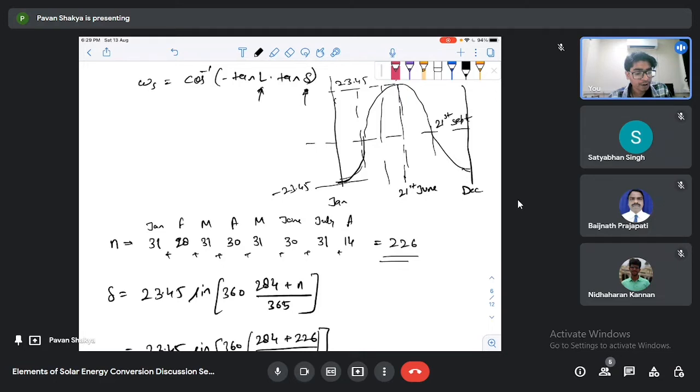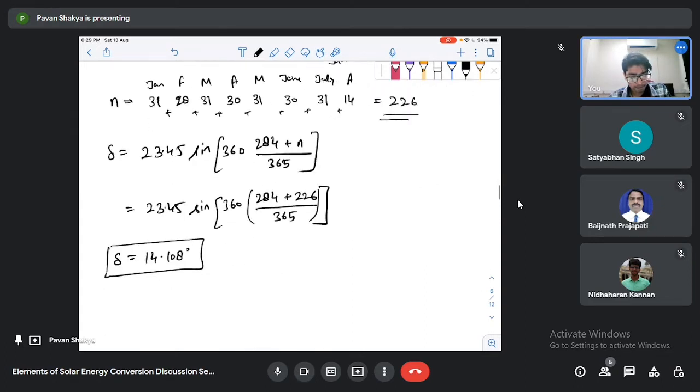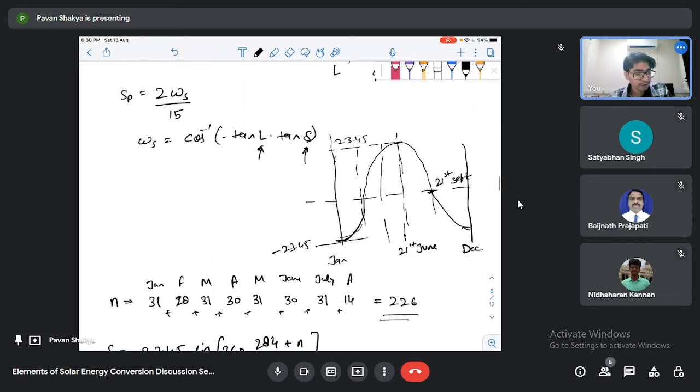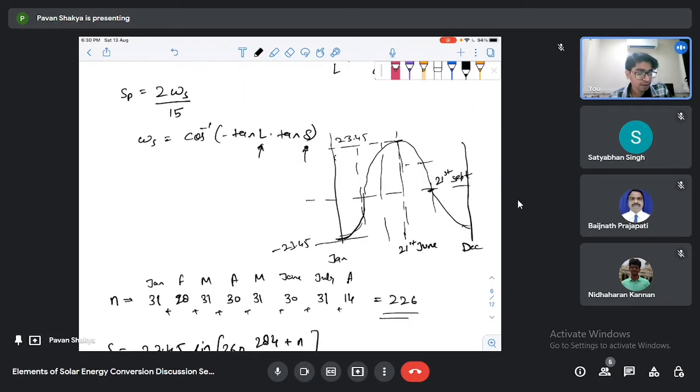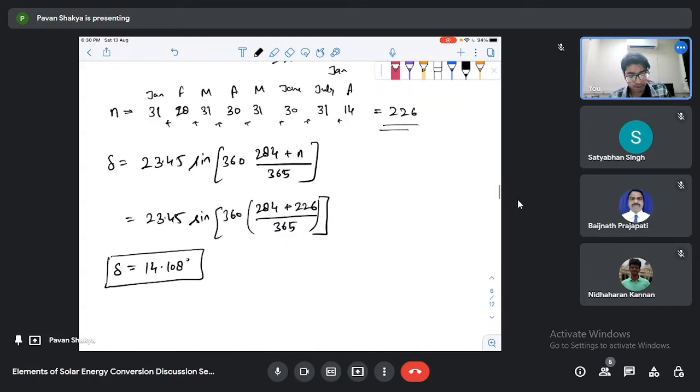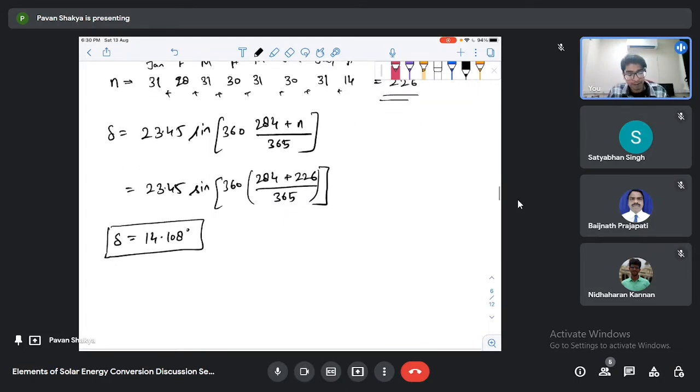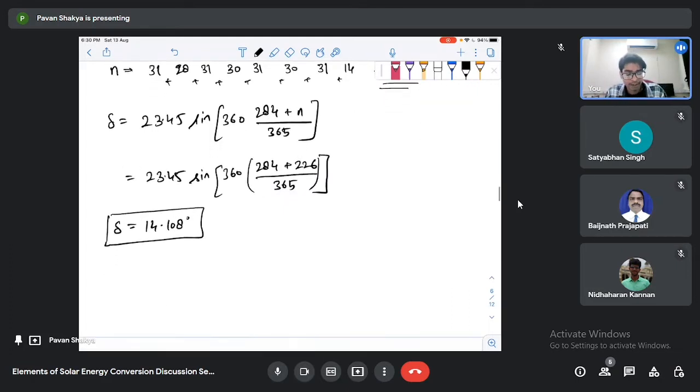So between 21st June and 21st September, the values will be between 23.45 and 0. So this value 14.108 will be around here, and this time will be 14th August. Now we are able to find this declination angle.